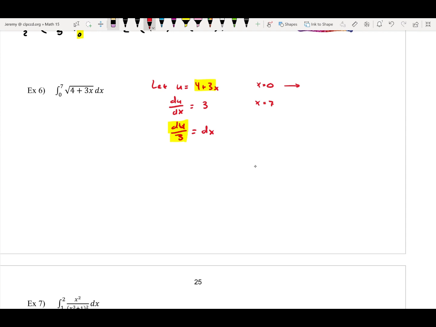Let's get x equals 0 in terms of u. So u is going to be 4 plus 3 times 0. I'm just getting 4. And how about for 7? 4 plus 3 times 7, it's going to be 21 plus 4. I'm getting 25.